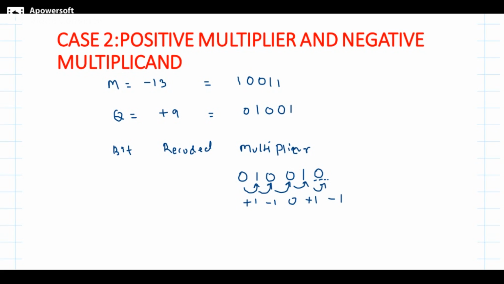So now we'll consider m into q. I can write m as 1 0 0 1 1 into q, which means plus 1, minus 1, 0, plus 1 and minus 1.